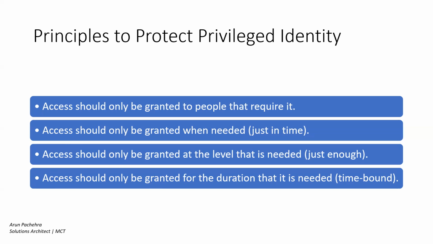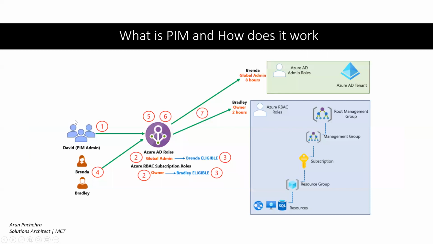Access should only be granted for the duration that it is needed, that is time bound. So these are some principles that help us to secure the privileged identities, and our Azure AD Premium P2 feature, privileged identity management, helps us to fulfill that. So what is Azure AD privileged identity management?